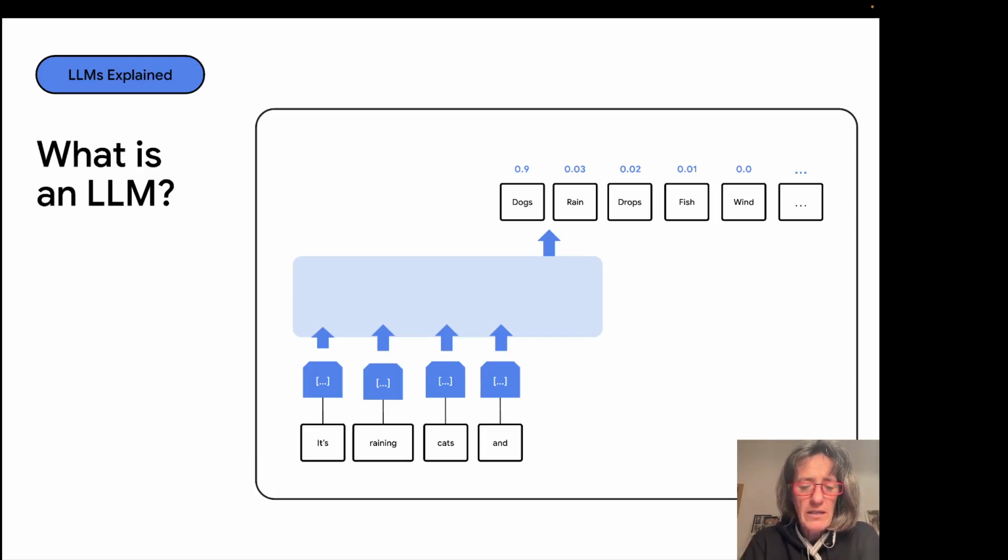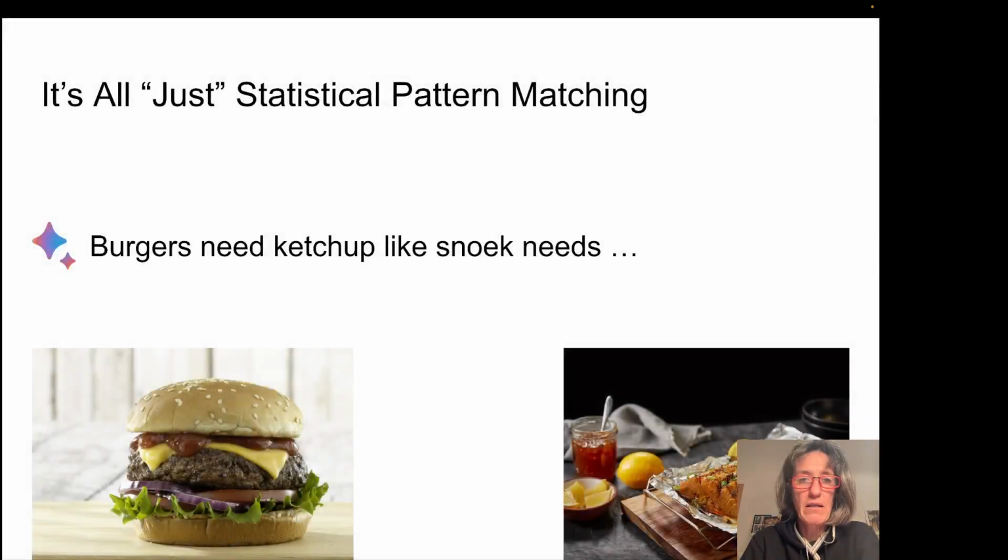Now, to be honest, when I saw this example, I didn't like it all that much because I felt that this phrase, "It's raining cats and dogs," is such a common phrase that maybe the model just found this exact phrase so often in its input that it basically just looked up the phrase. So I tried to come up with something completely different.